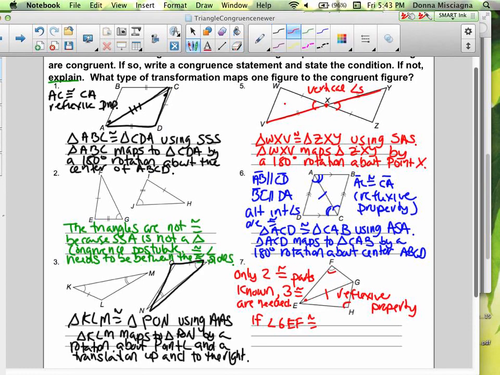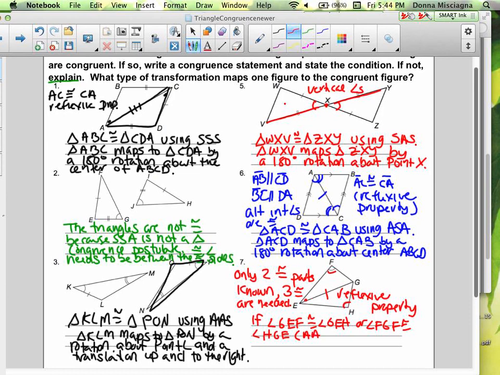So if GEF were congruent to GEH. Or if angle FGE was congruent to angle HGE.